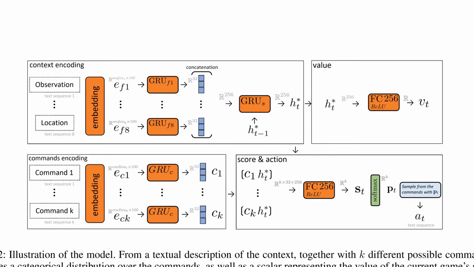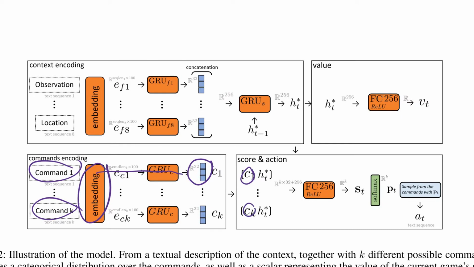Given that you have K reasonable commands, you see here command 1, command 2, these are embedded and then fed into GRUs, which are recurrent neural networks. So for each of these commands, you'll get a 32-dimensional vector. This 32-dimensional vector is here, C1 through CK.